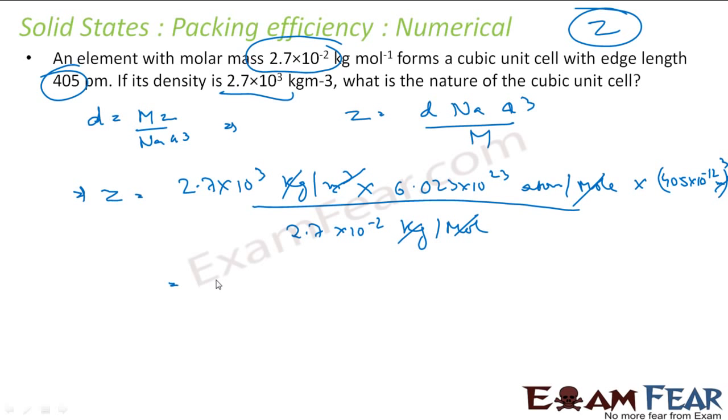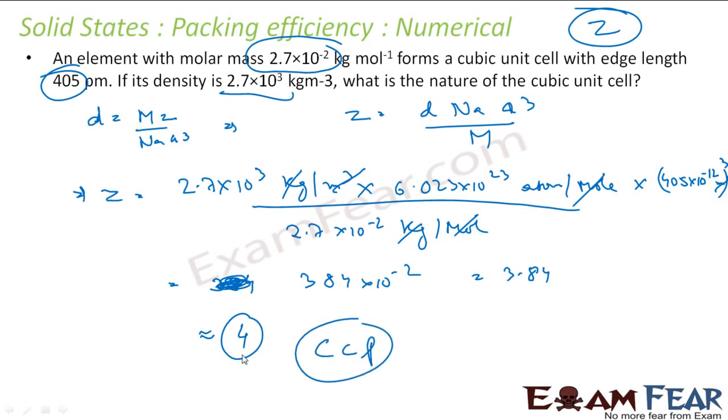So with this you solve, you get 384 into 10 to the power minus 2. That is 3.84, almost equal to 4. Since it's almost equal to 4, it is CCP. Correct? Please take care of the units. You have to convert this picometer into meter, else it won't cancel.